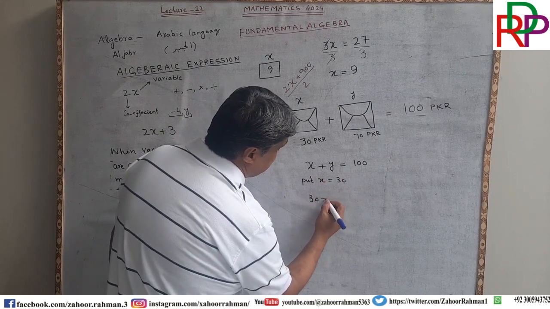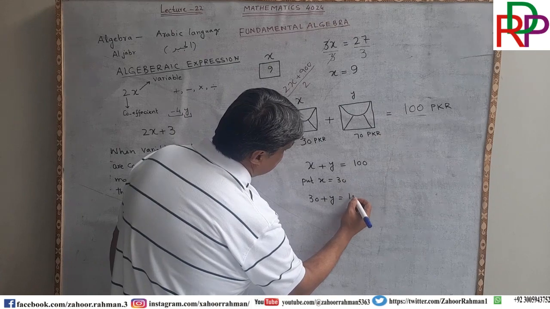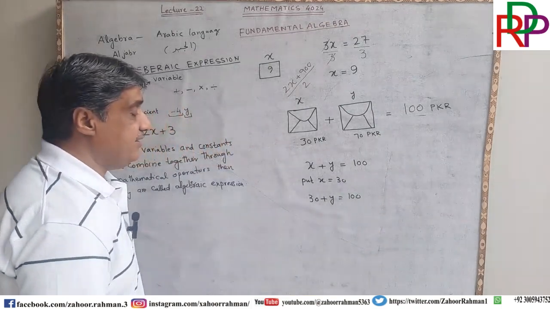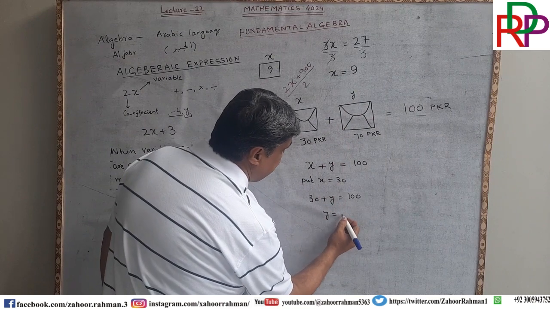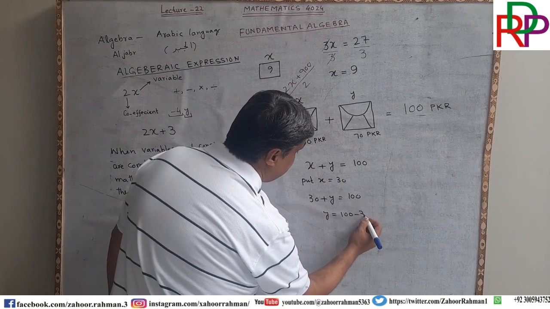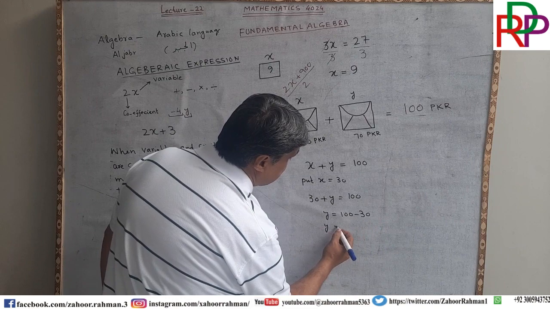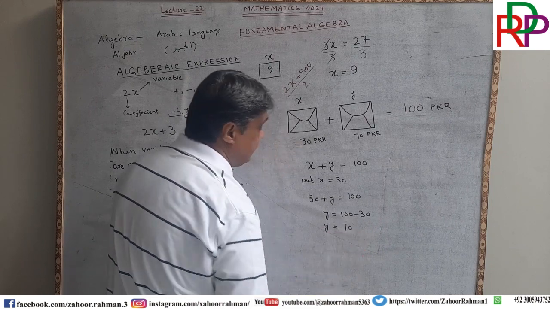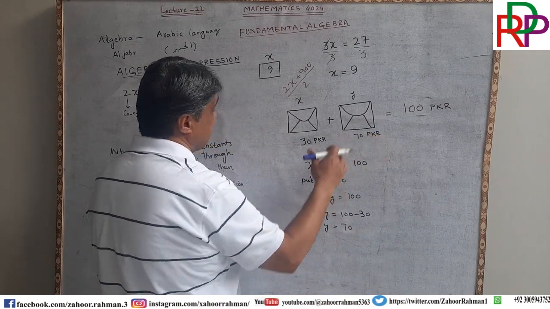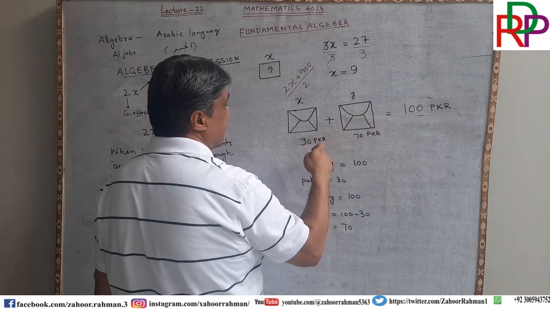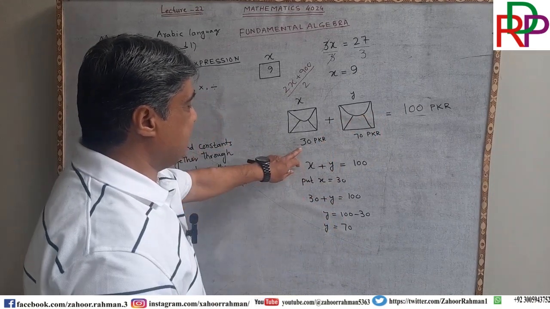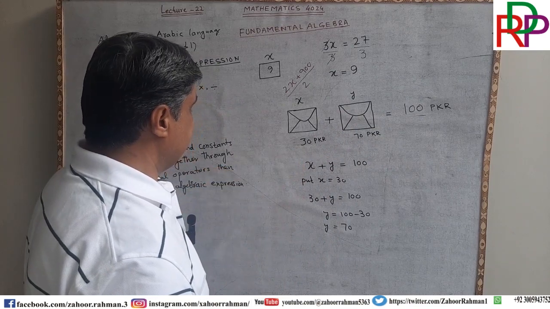So 30 plus y is equal to 100. And then we can find the value of this envelope by 100 minus 30, which is equal to 70. So now we found this. If this value is given 70, then we can find this 30 very easily.